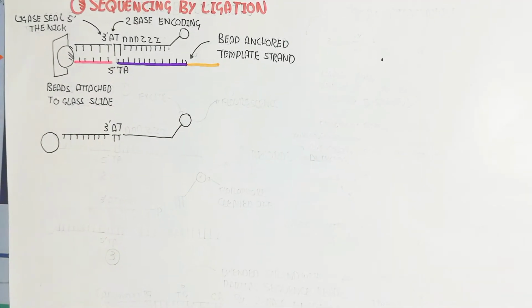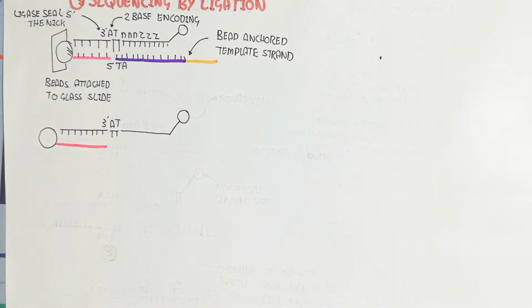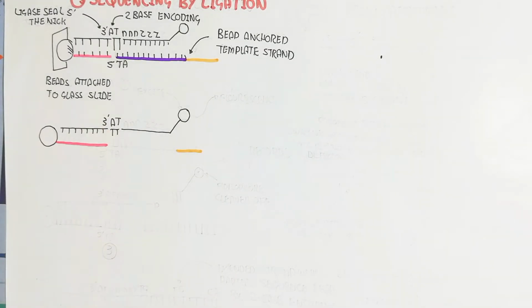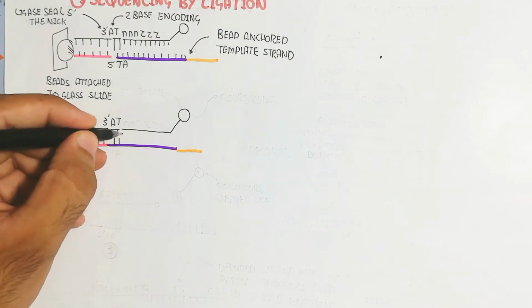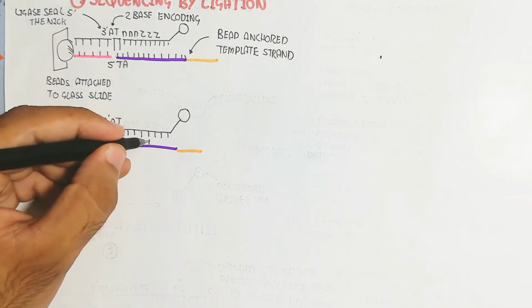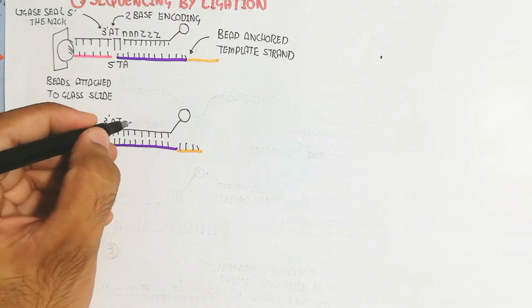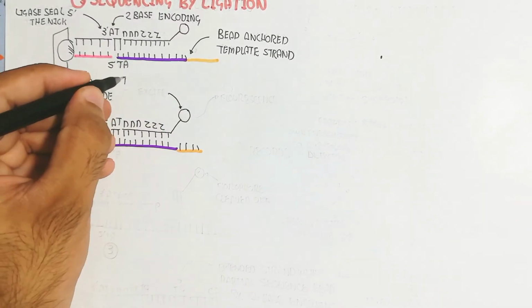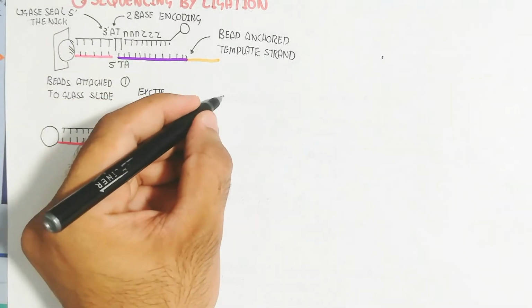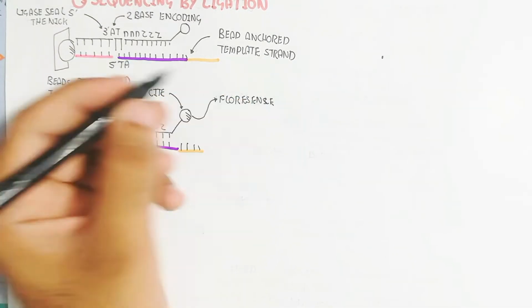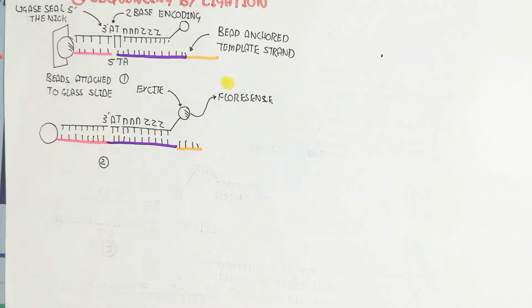The step 2 is the fluorescence will produce after the excitation, to produce color. So here you can see this is the 3' and 5', the T side thymine and adenine. So this is excited to produce the fluorescence, the color.